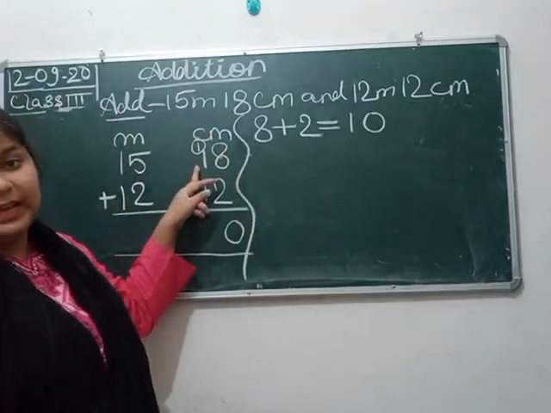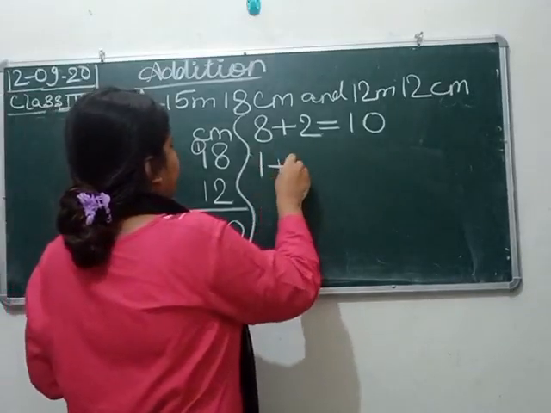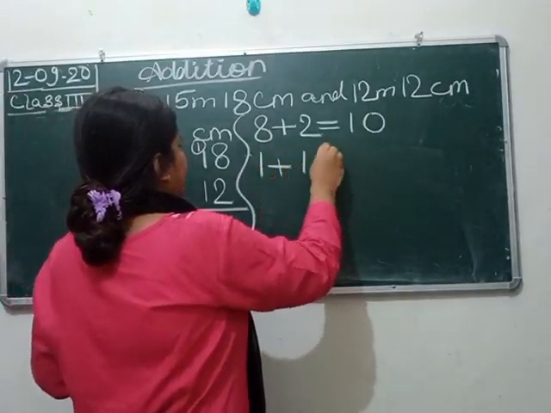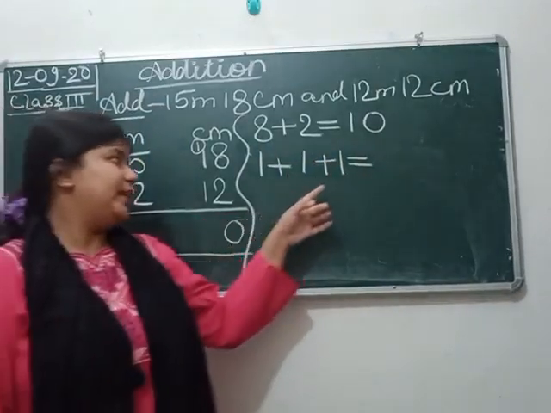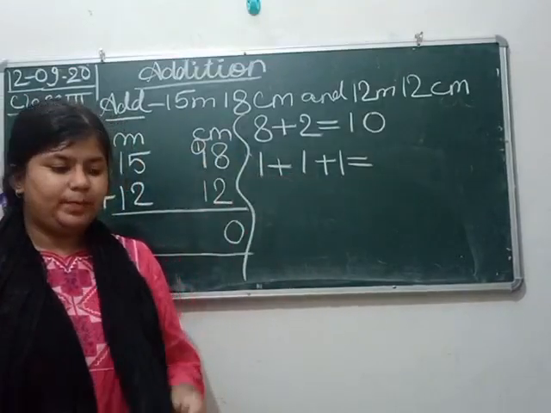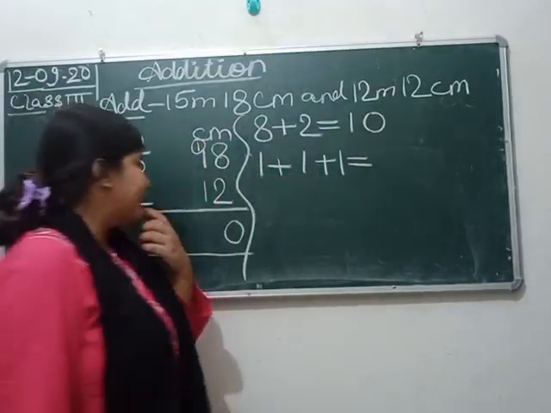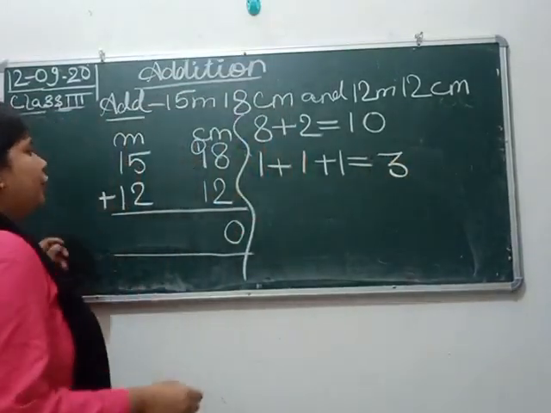Now moving towards the next place we have 1 plus 1 plus 1. The last one is the carry. So 1 plus 1 plus 1 is 3.